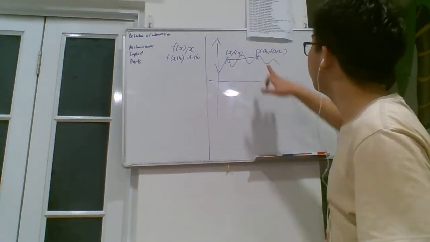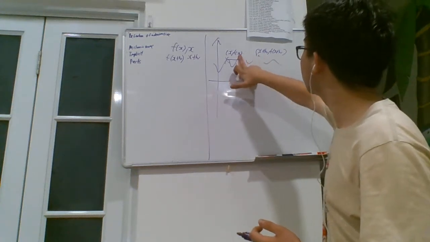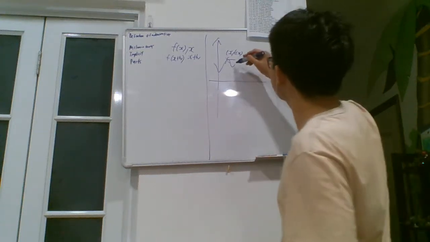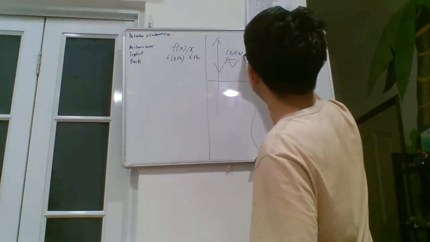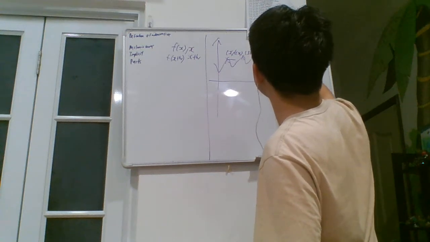What happens if we move this point closer? Let's say maybe around here, (x plus h, f(x plus h)).